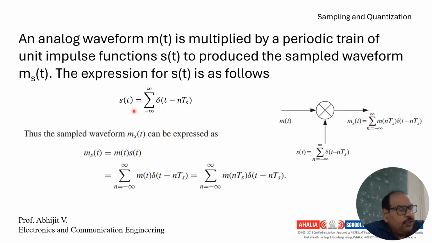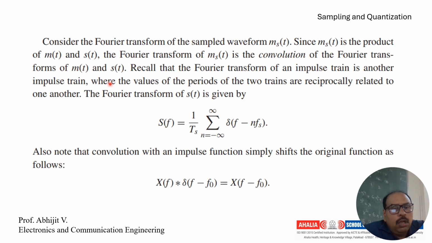So in that case, s of t is given by the sum from n equals minus infinity to infinity of delta(t minus nTs), where Ts stands for the sampling time. Now let us consider the Fourier transform of the sampled waveform, ms of t.